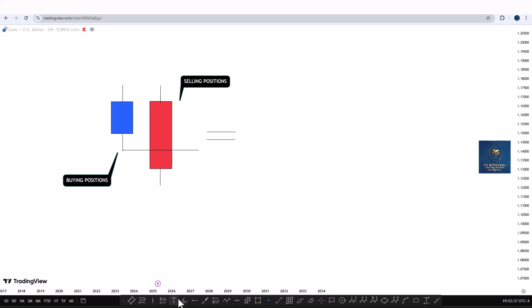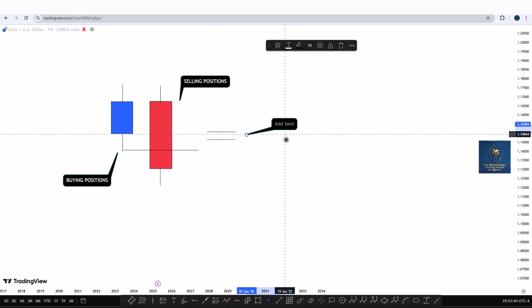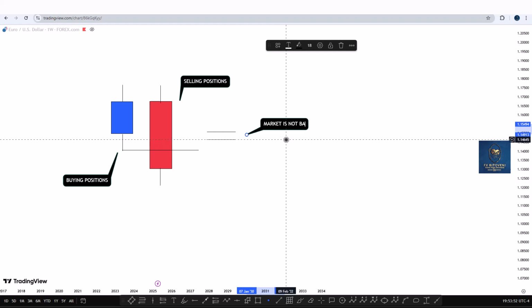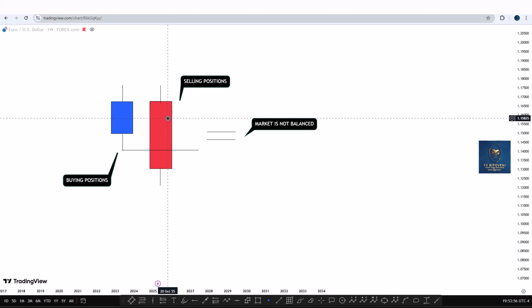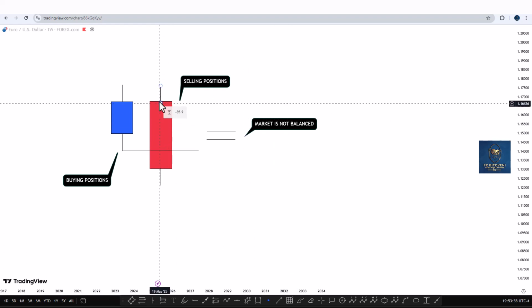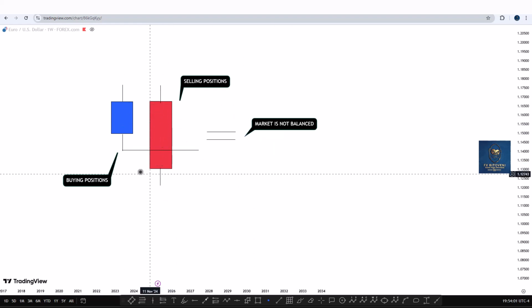The market is not equal. This is the result, because this one is bigger than this one.